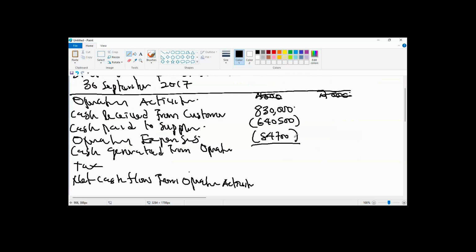That's generated from operation. 104,800. 104,800. I will now say tax.